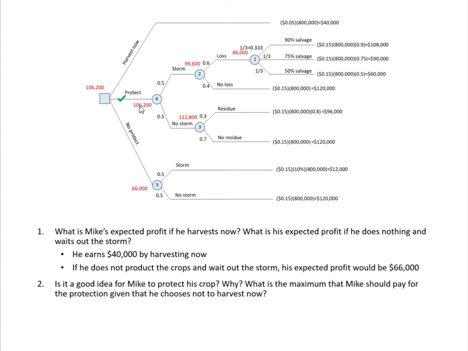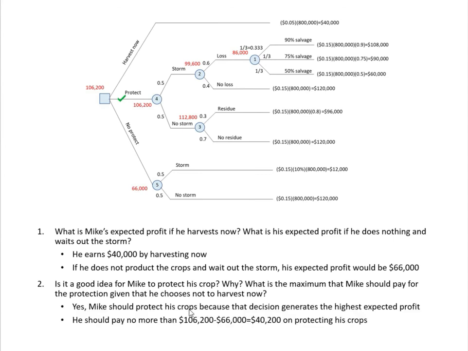Because protection gives him a higher payoff, but if he doesn't protect, he can also get this expected profit. So he should pay no more than the difference of these two, which is basically the value of protection. That comes out to this number. So he should pay no more than the difference between protection and no protection at all, and that's $40,200.